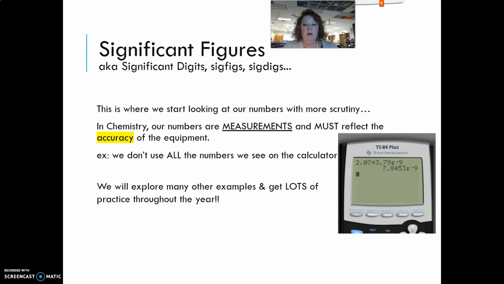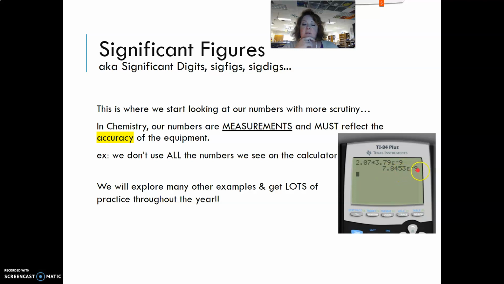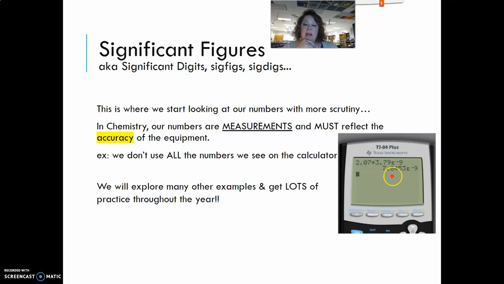So for example, we're not going to use all the numbers that we see in a calculator. I gave an example. If I did this math, I'm not going to just write down all of these numbers. That would not be showing the accuracy of our measurements. So it actually would be 7.85 times 10 to the minus 9, and I'll explain that in a second.